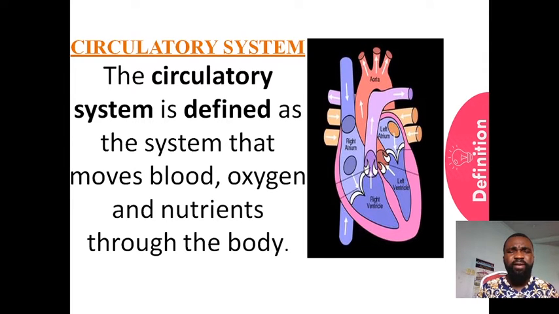And we also have a lot of components that are put together to make up the circulatory system. When we go further, you are going to see much more of what I'm talking about. But establish this fact that the circulatory system is defined as the movement of blood, oxygen, and nutrients through the body.